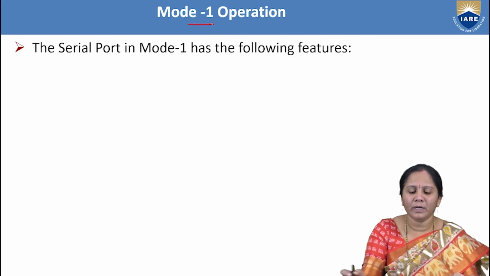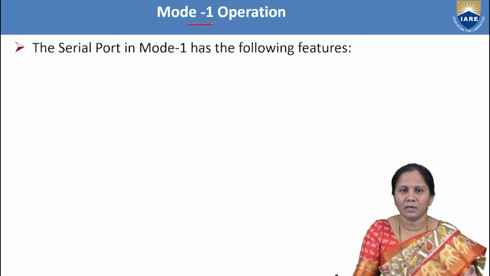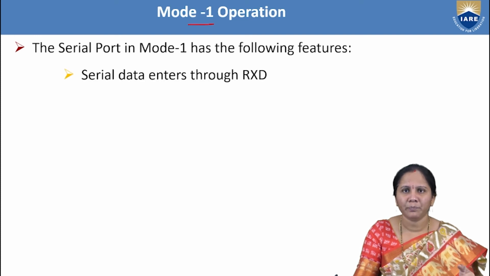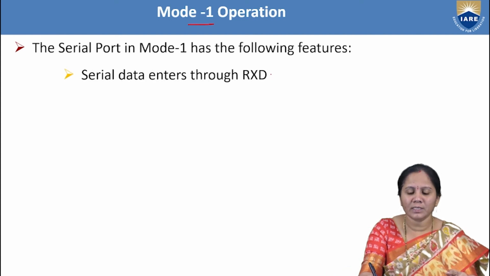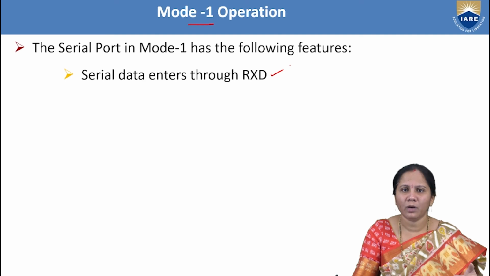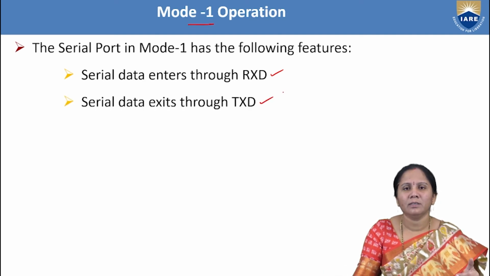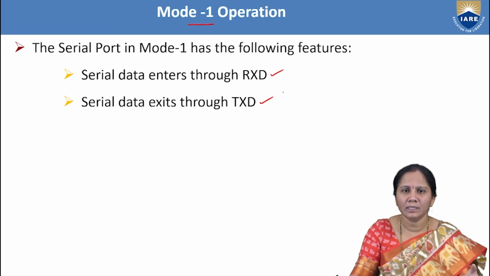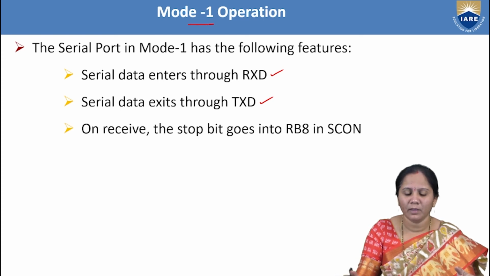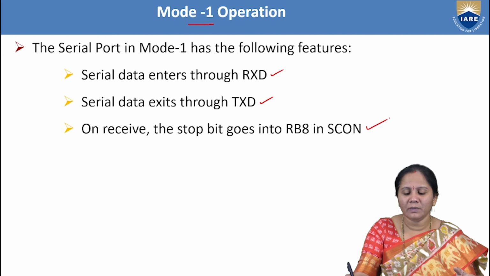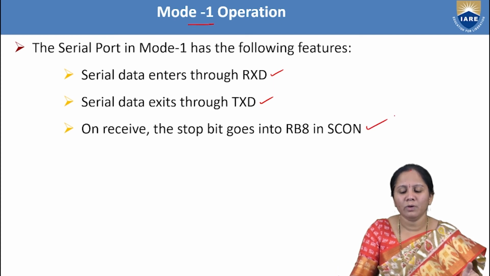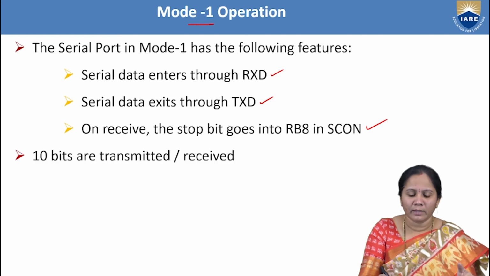When it is operating in mode 1, it has the following features. The serial data enters through the RxD pin and exits through the TxD signal. Upon receiving, the stop bit goes into the RB8 bit, which is one of the bits in the SCON register.